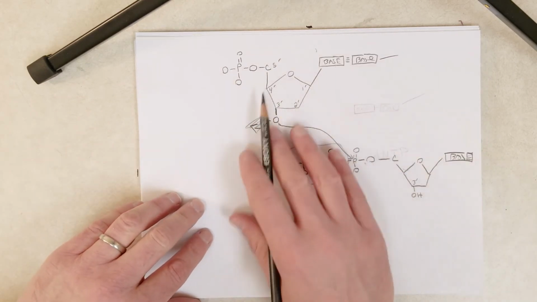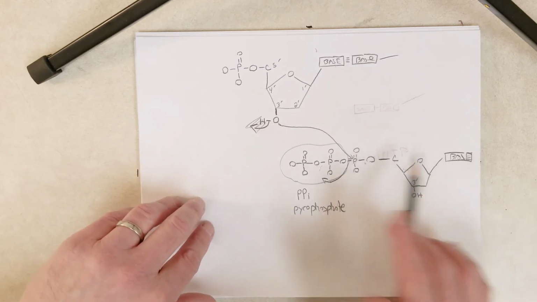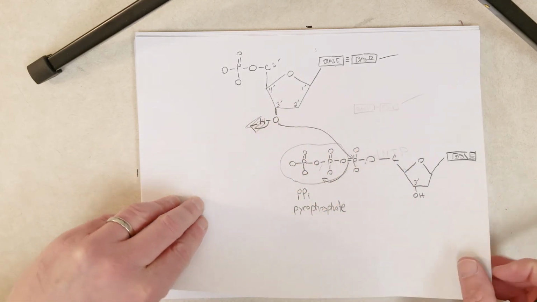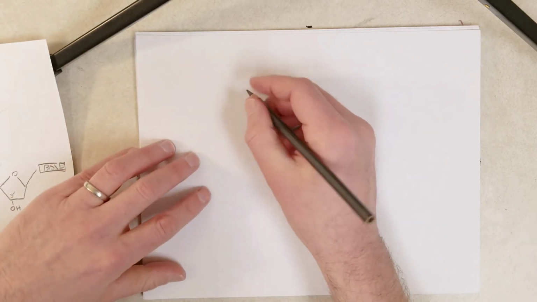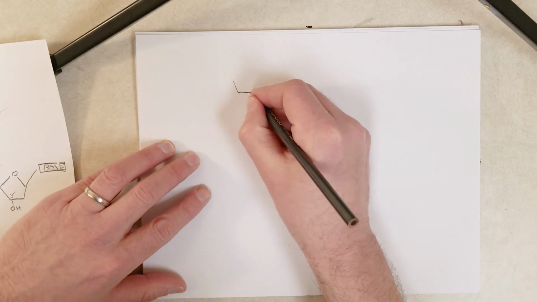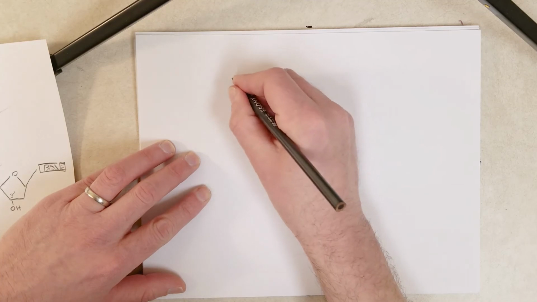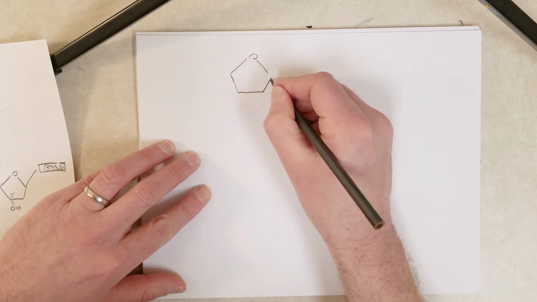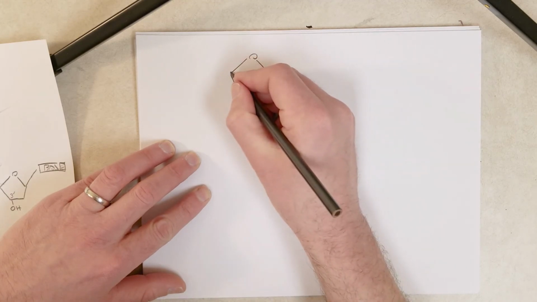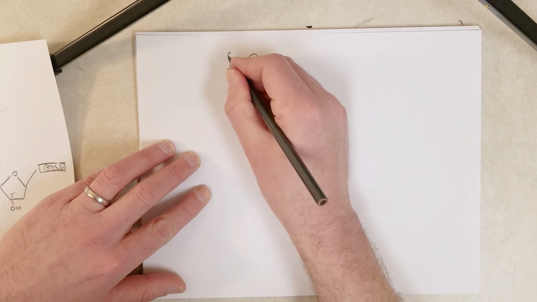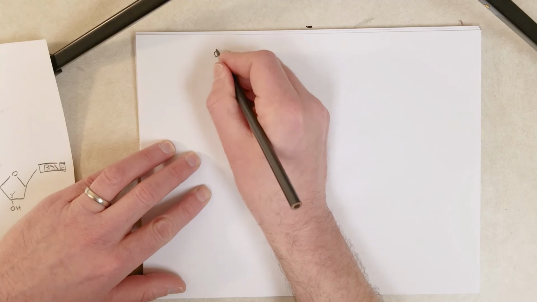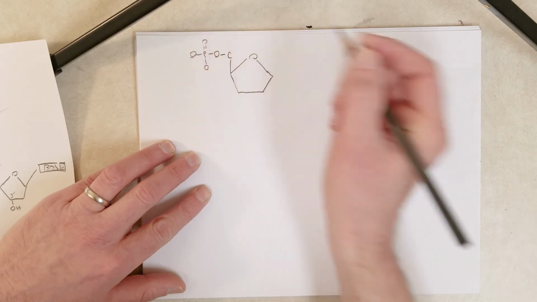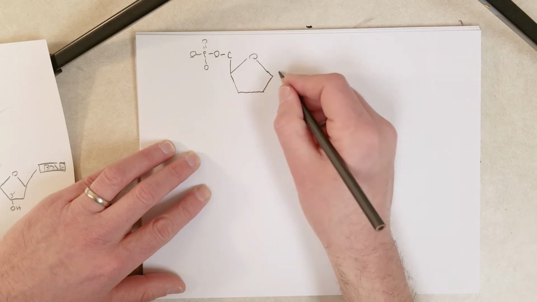So let me diagram this after this is joined. So I'll neaten it up for you and you can see what the result is. So here's the 3' end of the nucleotide that the polymerase is joining the new nucleotide to. Here's the base.